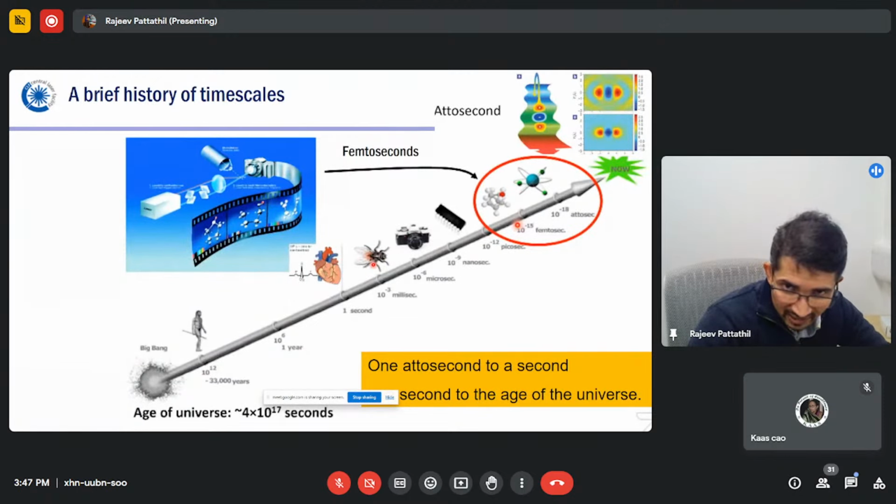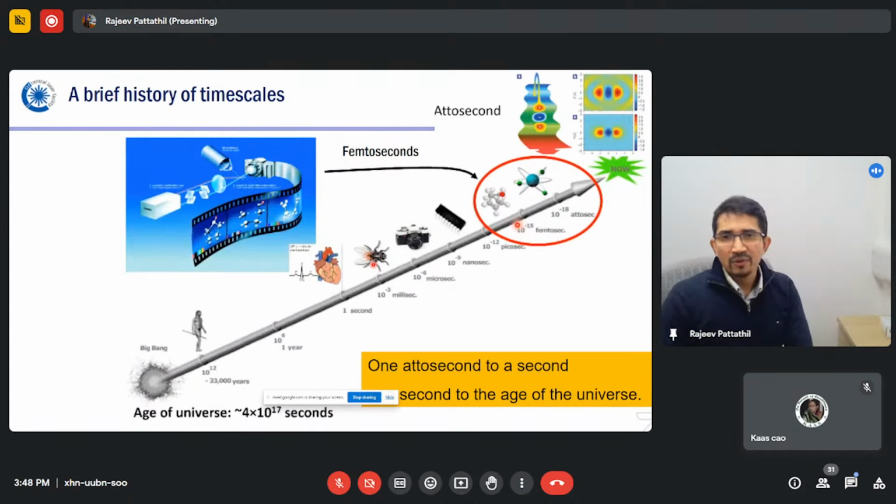Chemistry, essentially molecule motion, vibrations, bond happening, all those things happen essentially in femtosecond timescales. In fact, there was a Nobel Prize awarded in 1999 for using femtosecond lasers, I'll come to that in a second, to understand chemical dynamics.